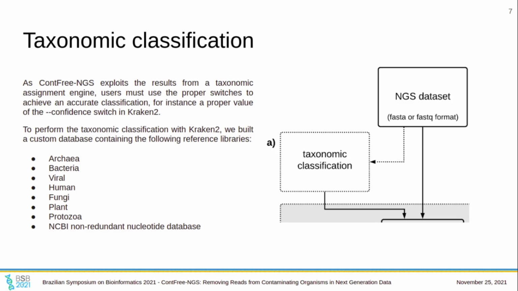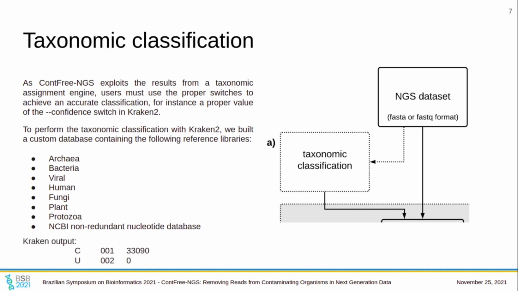To perform the taxonomic classification with Kraken 2, we built a custom database containing the following reference libraries: archaea, bacteria, viral, human, fungi, plant, protozoa, and the NCBI non-redundant nucleotide database.